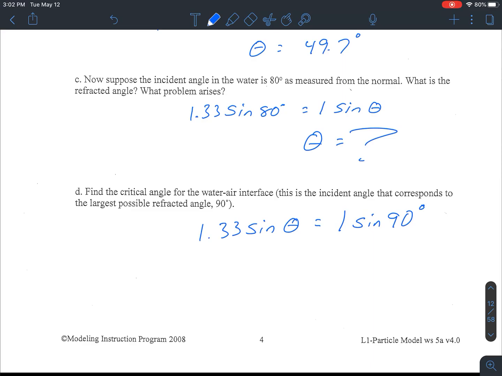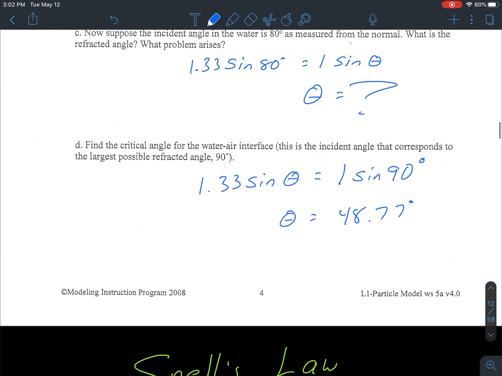And if you do sine 90, it's going to give you 1. So when we plug that in, our critical angle here is about 49 degrees, which is what we kind of saw in that PhET simulation. That's a little bit harder because it's not perfect and some of it's bouncing off, some of it's going through. But that's how you would find that magic angle.